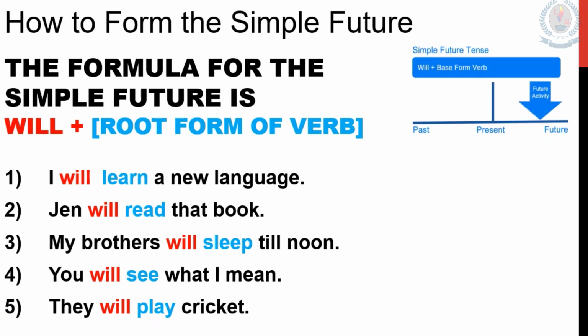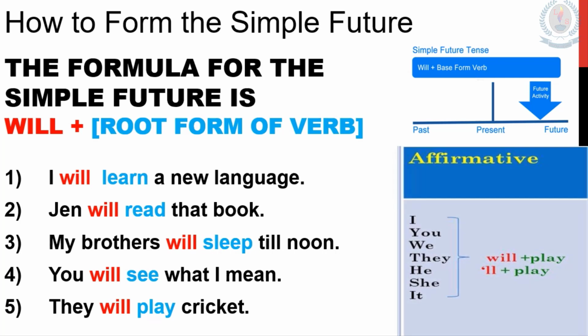So, you can see here how to construct a sentence with the simple future. They use will. I will learn a new language. So the word is will. Once you see the word will, then you know that it is simple future.